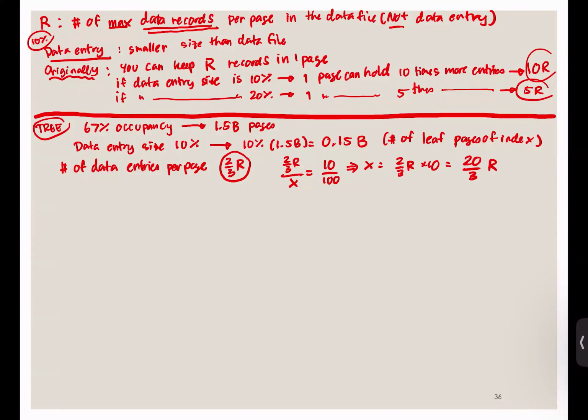This is what I'm trying to get at. Instead of 10R or 5R, I want to find out how many R's it allows. So here, this is about 6.7R.